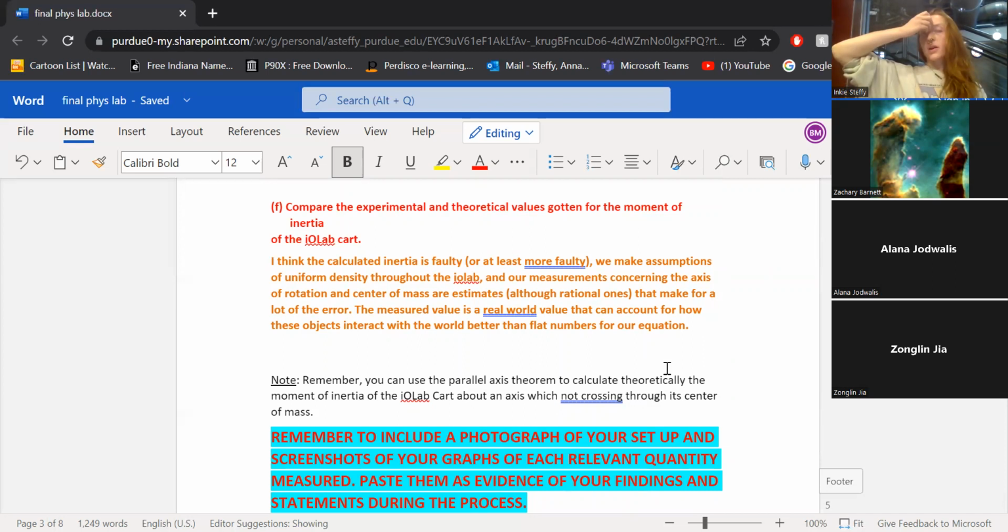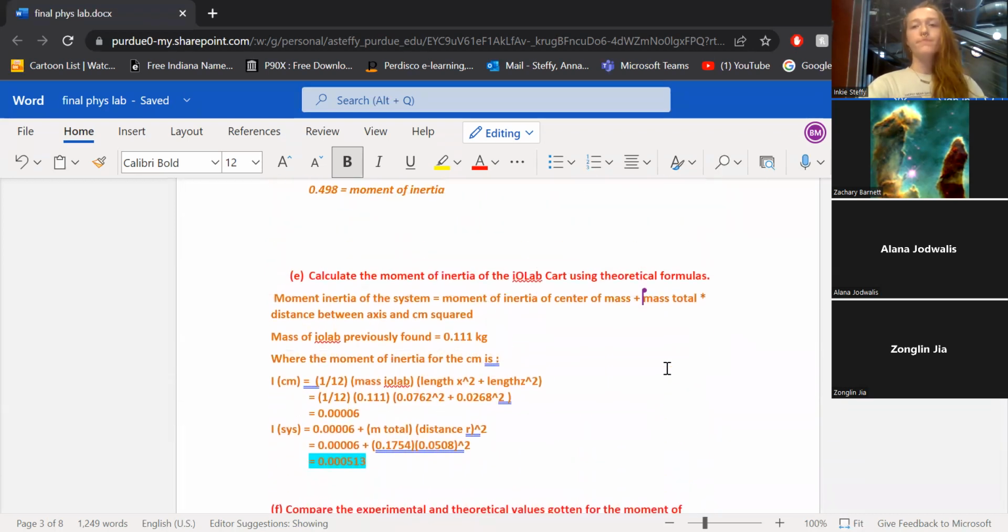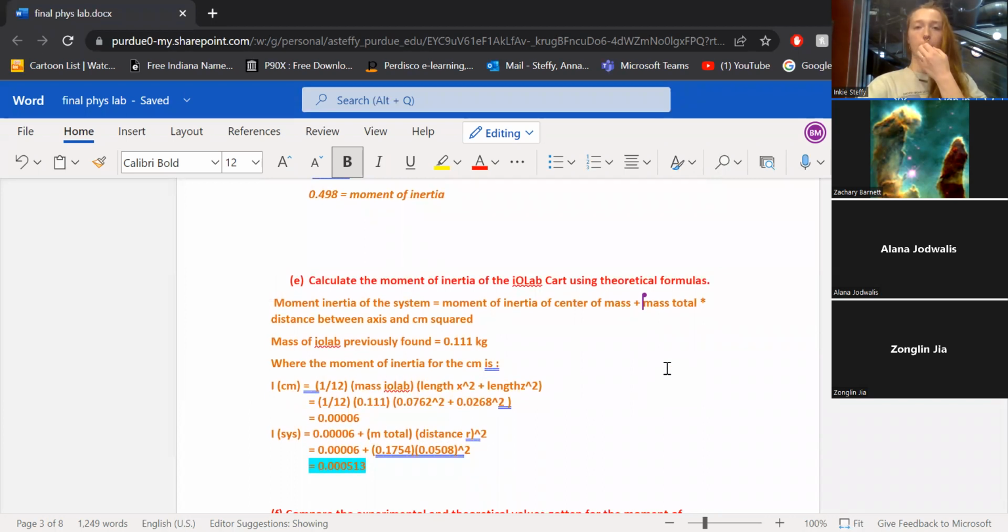Alana, how were your values different? They were not close, so I don't think I did something right. Which one? My value for E was way smaller, which was the experimental, I think.